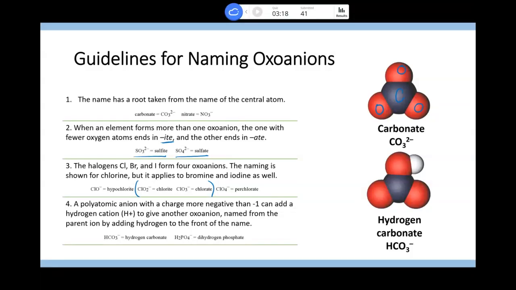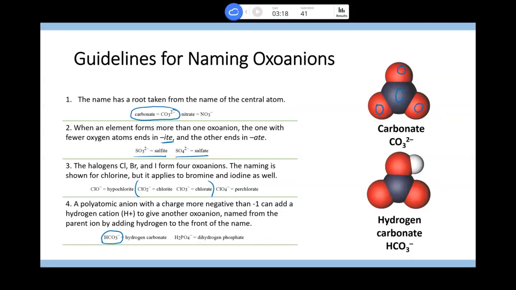So we have carbonate at the top here, CO3 2-. If we add a hydrogen with a +1 charge, we now have HCO3-. We have only -1 here because the hydrogen was +1. This is named with the word hydrogen first, and then the name of the parent ion, so hydrogen carbonate.